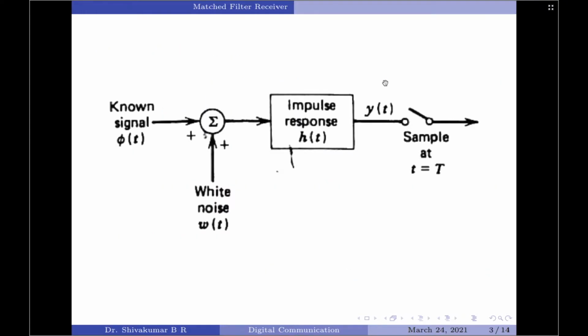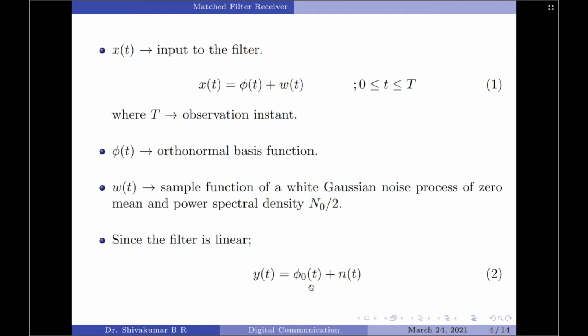Please note, we are currently talking about the output at this part. So y of t is equal to phi naught of t plus n of t, where phi naught of t as well as n of t are produced by the signal component phi of t and the noise component w of t of the input signal x of t respectively.